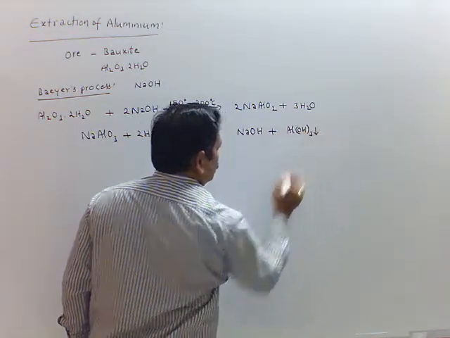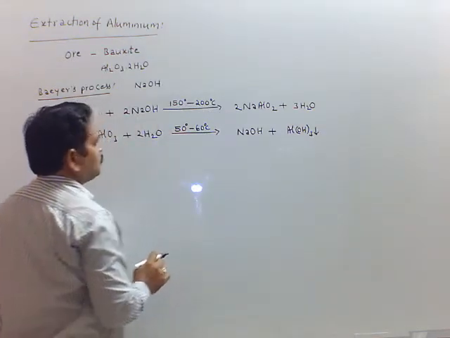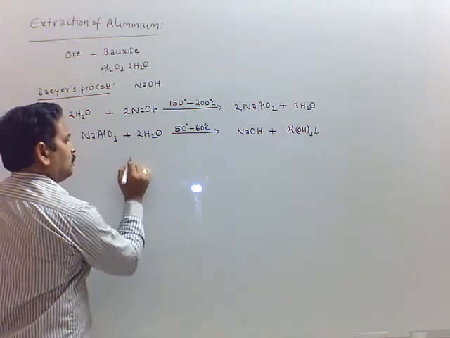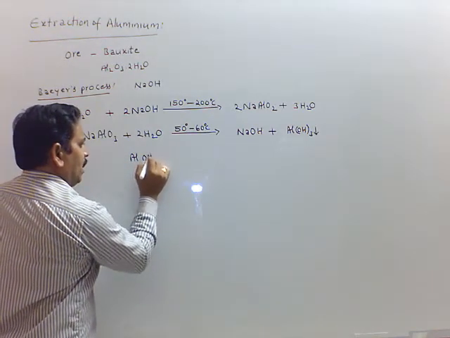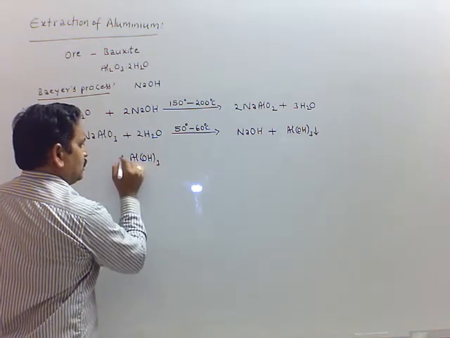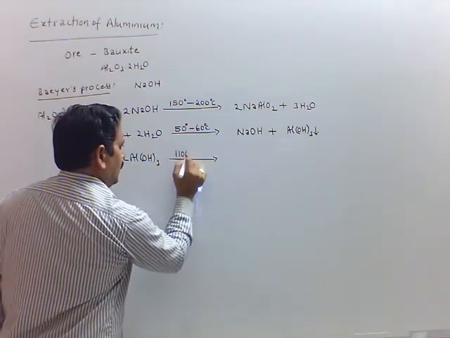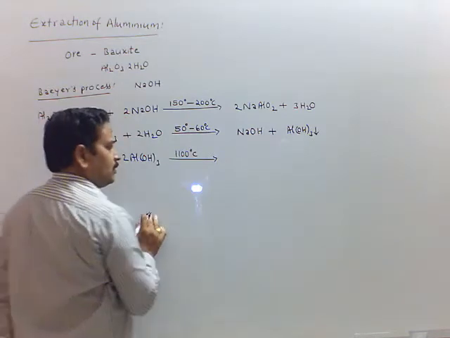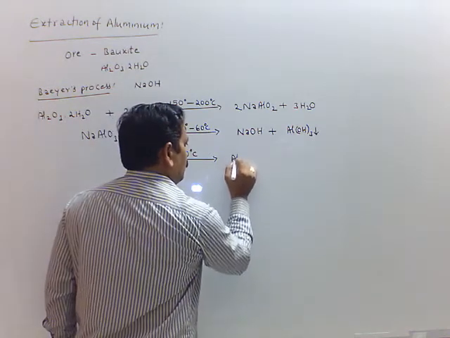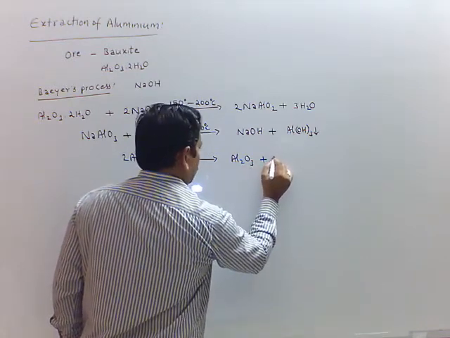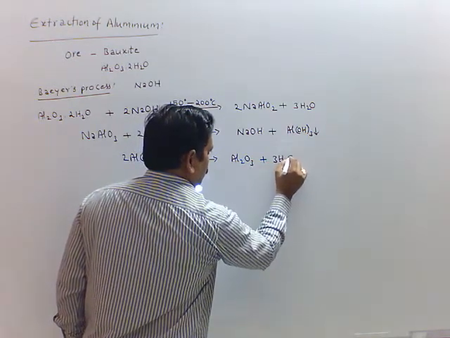Precipitate will come. Now that aluminum hydroxide is strongly heated to 1100 degrees Celsius. We get pure alumina, Al2O3, and 3H2O.